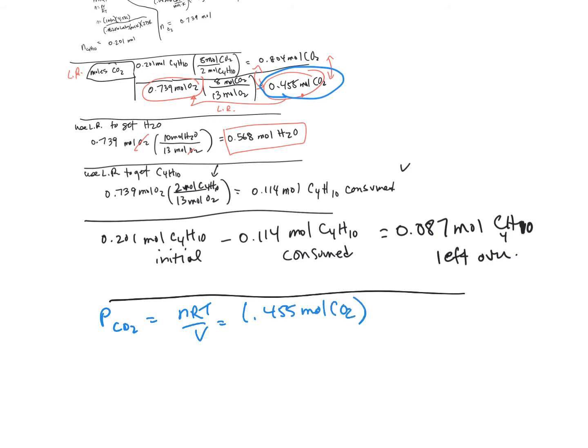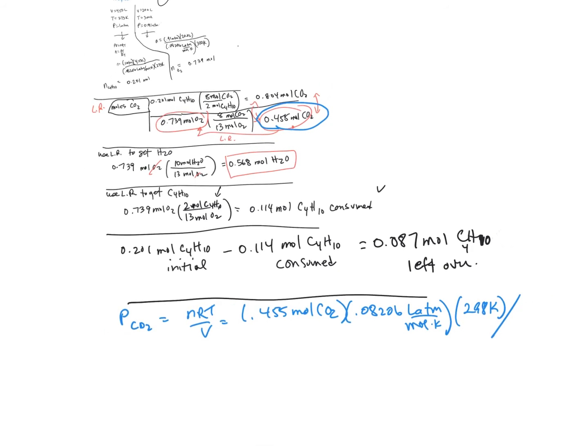And the rest of it is just constant, so 0.08206 liter atmosphere per mole Kelvin. And temperature is given as 298 Kelvin. And then we're going to divide by the volume, which is 1 liter. And so the partial pressure of CO2 is equal to 11.1 atmosphere.